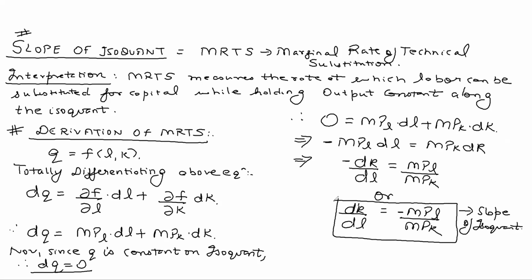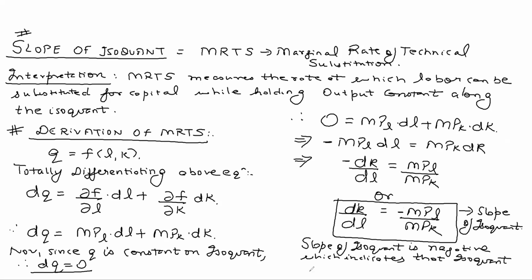So the negative sign denotes the fact that the slope of the isoquant is negative, which indicates that the isoquant is downward sloping.